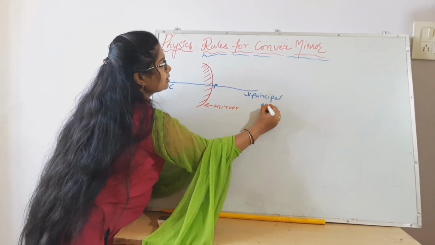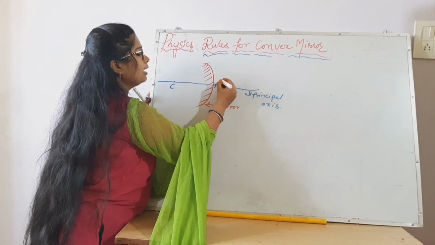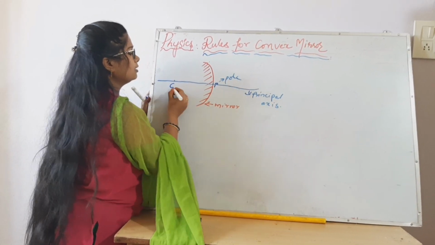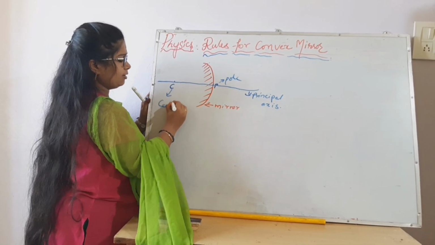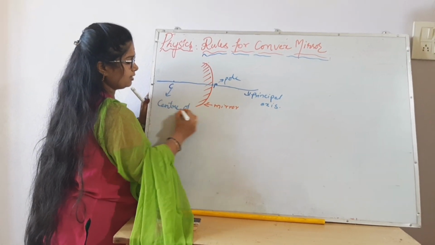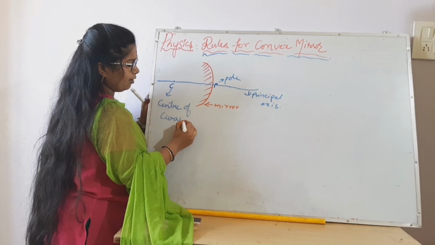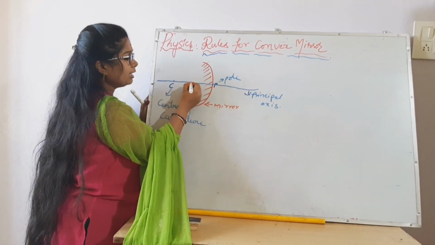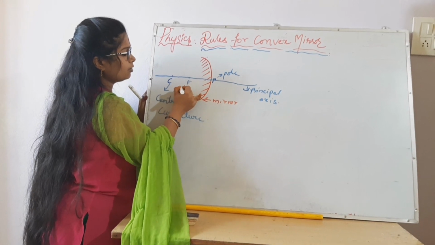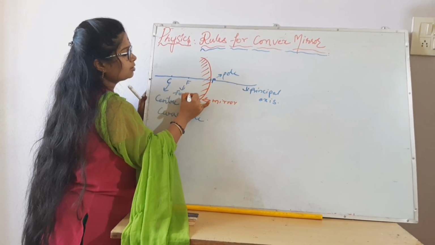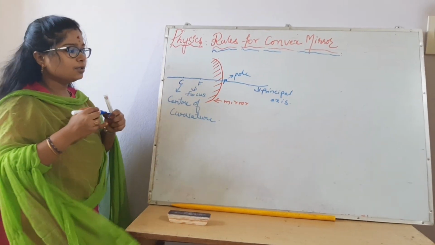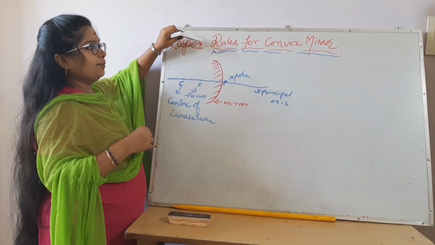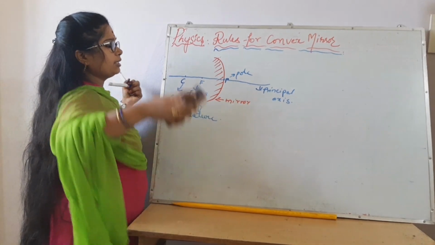And this is your pole. This is the center of curvature, where all the normals meet, you can say. And this is the focus. So let us see the rules which we will follow to draw image formation in the convex mirror.